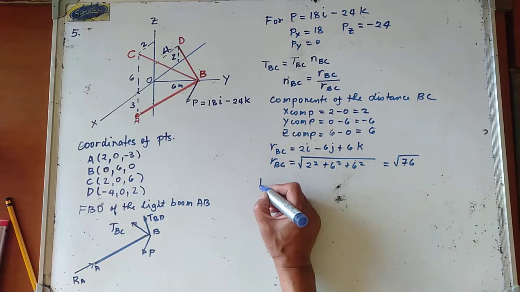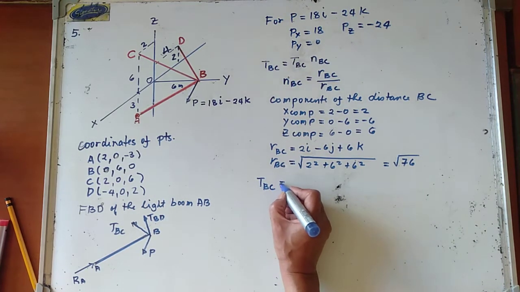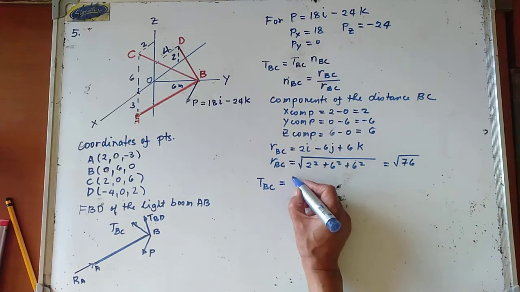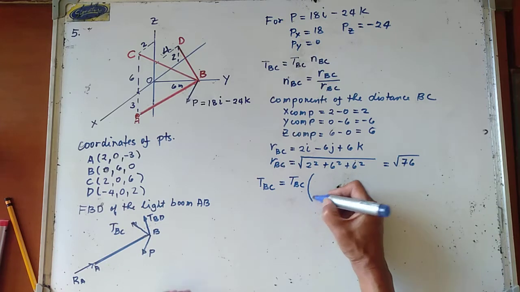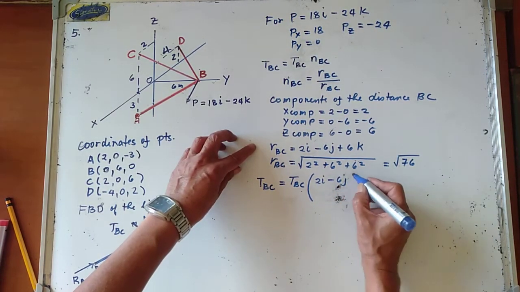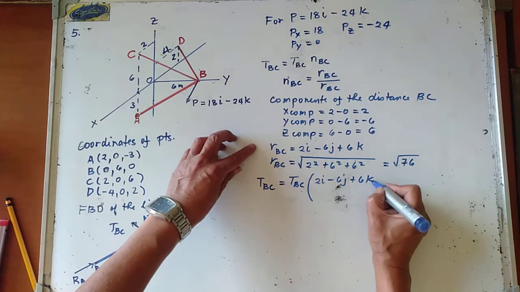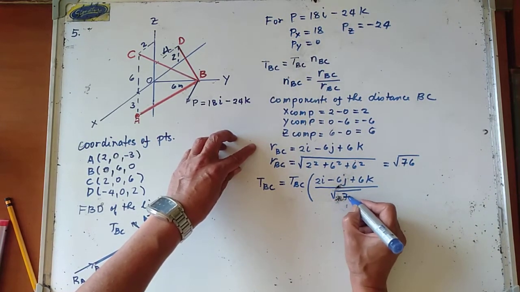Hence, your tension in cable BC in Cartesian form is TBC equals 2i minus 6j plus 6k all over the square root of 76.